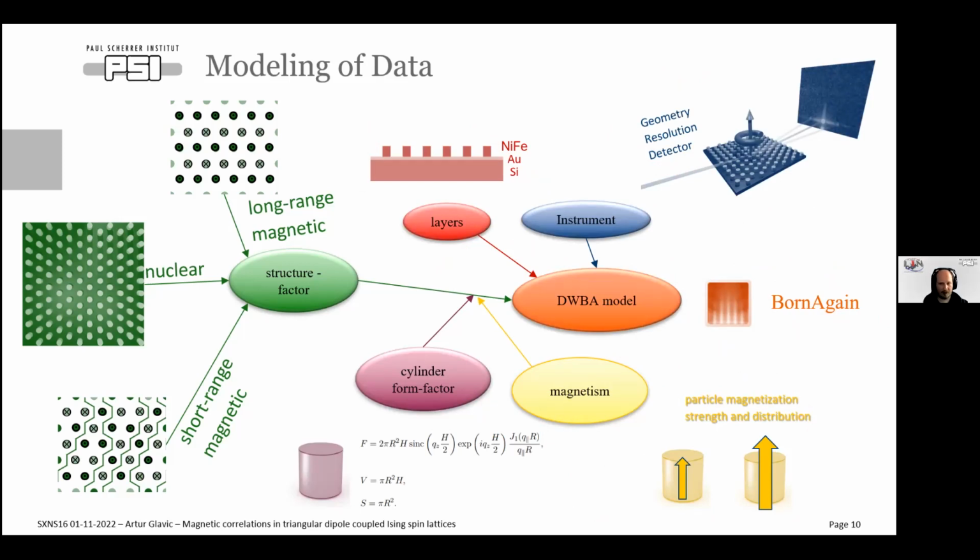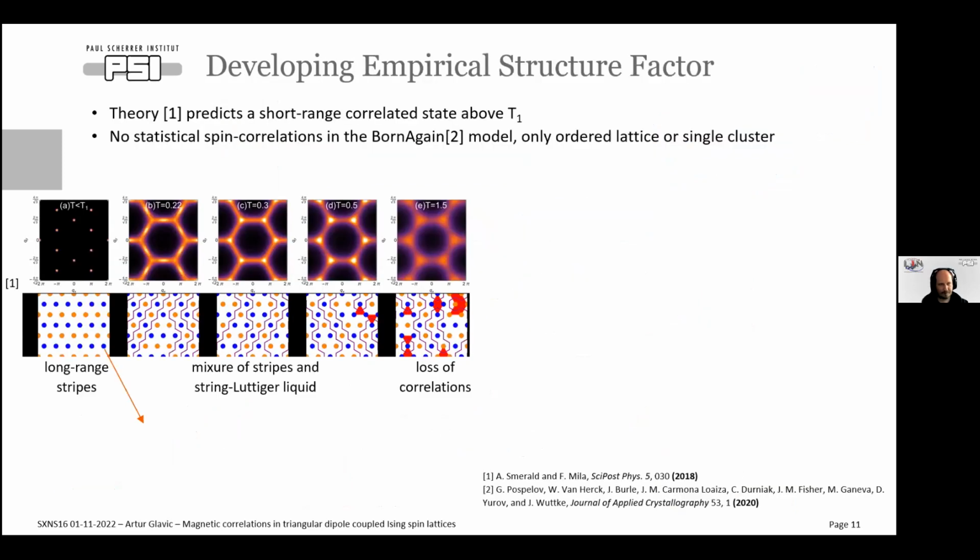So how to describe the structure factor of such a system? There are theoretical predictions with Monte Carlo simulations about how the structure factor of the spins itself should look like. At the lowest temperature it is just the stripe, and this we could already describe with normal BornAgain models.